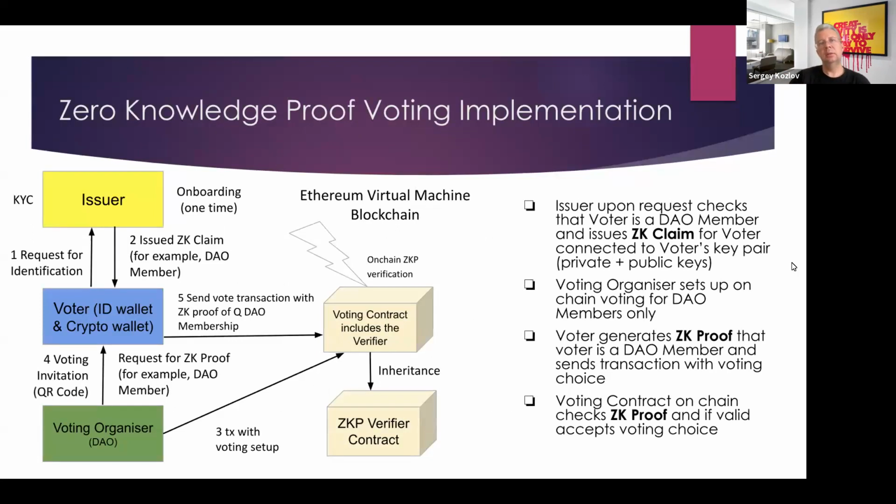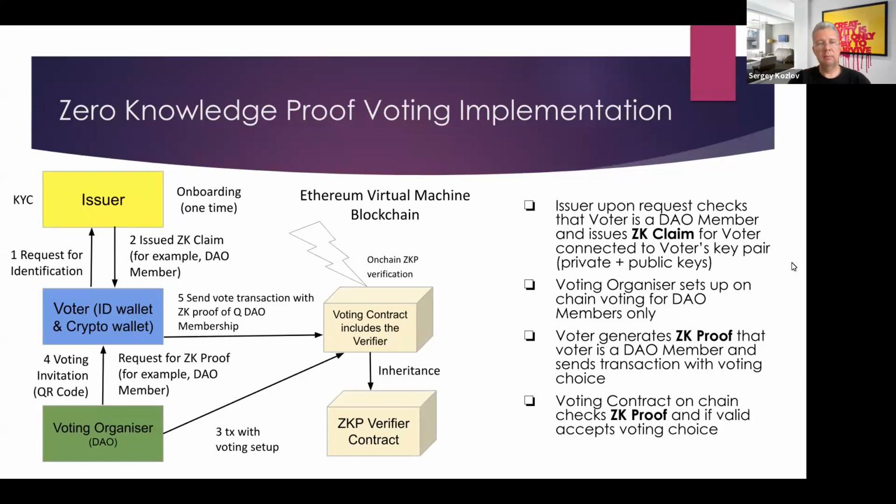And the specific, very concrete example of a zero knowledge proof voting implementation: we have the issuer, which has some KYC procedure and onboards new participants. Let's say it's some DAO. Then we have a voter, that's the voting system.